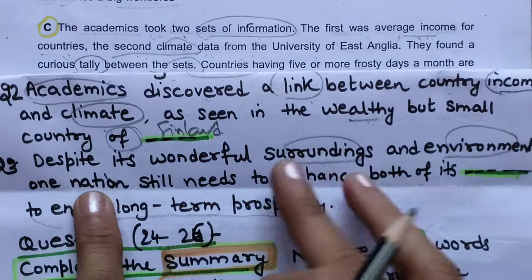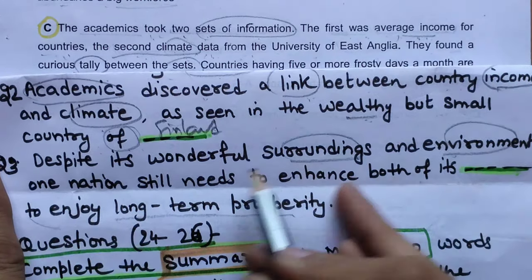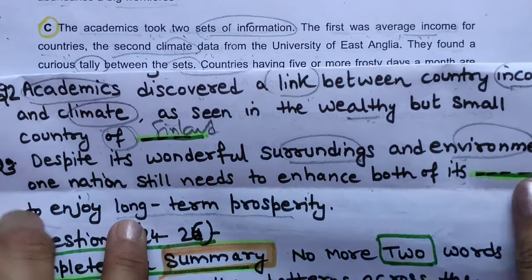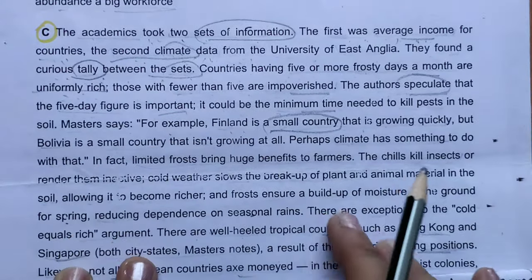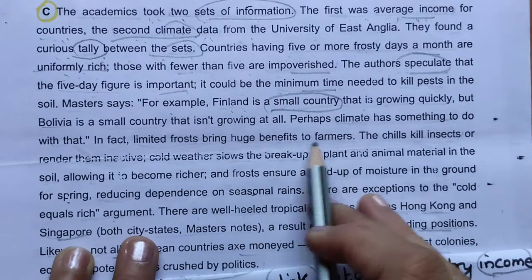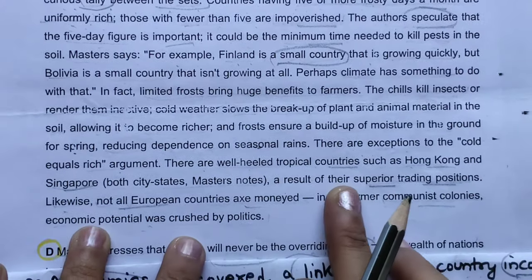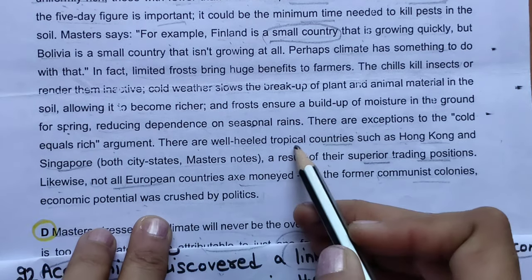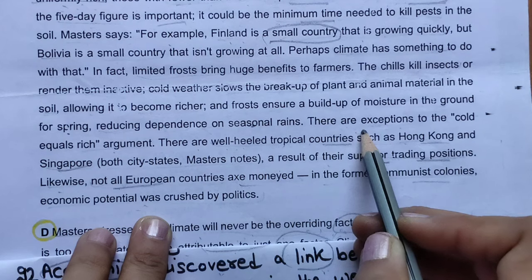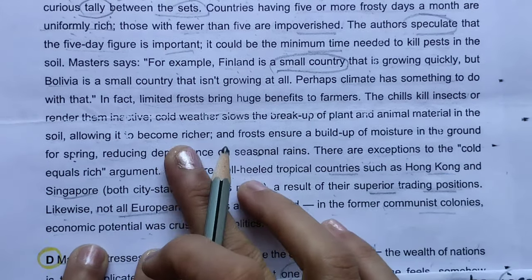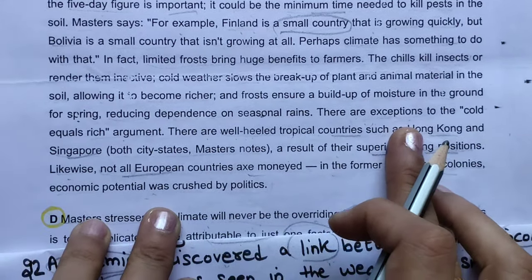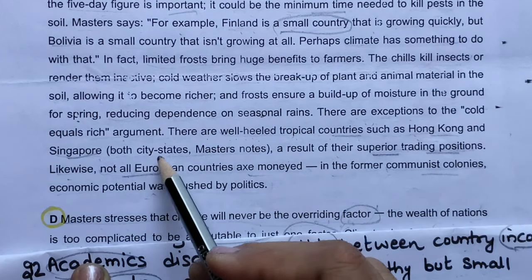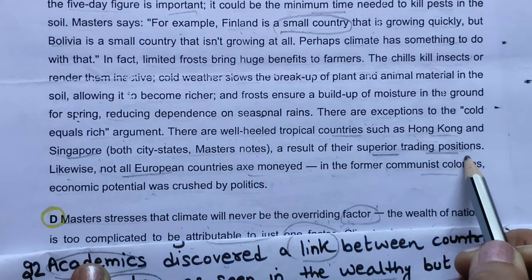Now the 23rd number: despite its wonderful surrounding and environment, one nation still needs to enhance both of its dash to enjoy long-term prosperity. Surrounding and environment, now we need to look. I think they are talking about this: there are exceptions to the cold equals rich argument. There are well-heeled tropical countries such as Hong Kong and Singapore, a result of superior trading positions.